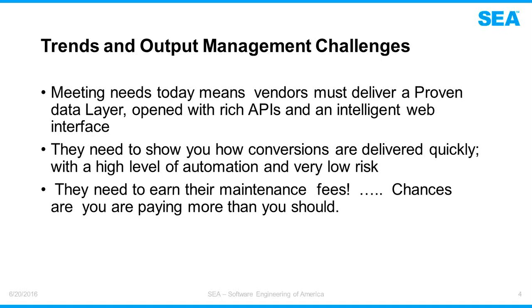And certainly vendors need to earn their maintenance fees. Likely, the products that you have now, you're paying too much for, and the vendor's not likely providing the enhancements and keeping the product relevant so that it meets the challenges that we're discussing today.